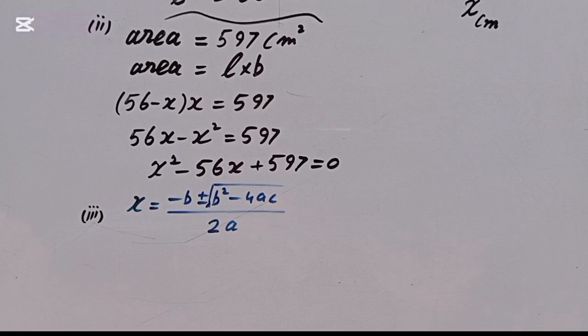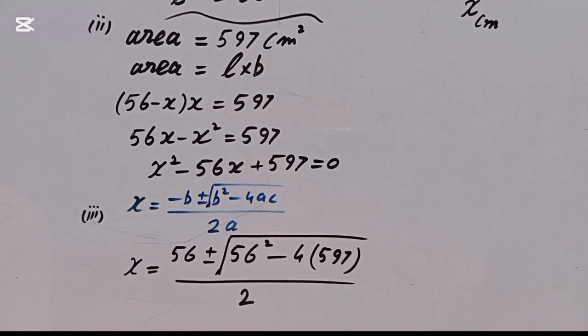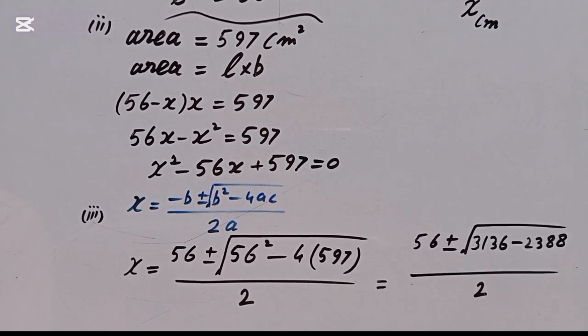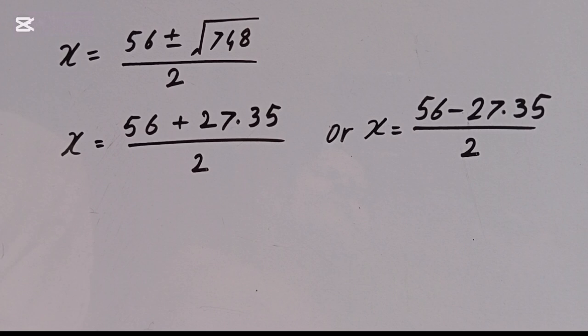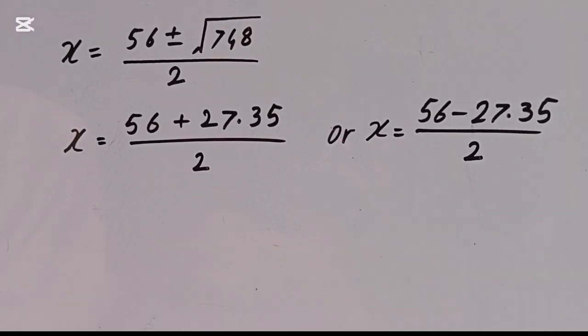Quadratic formula is x equal to minus b plus or minus under root b square minus 4ac over 2a. Using the values here, this way solving these values, 748 under root comes 27.35.